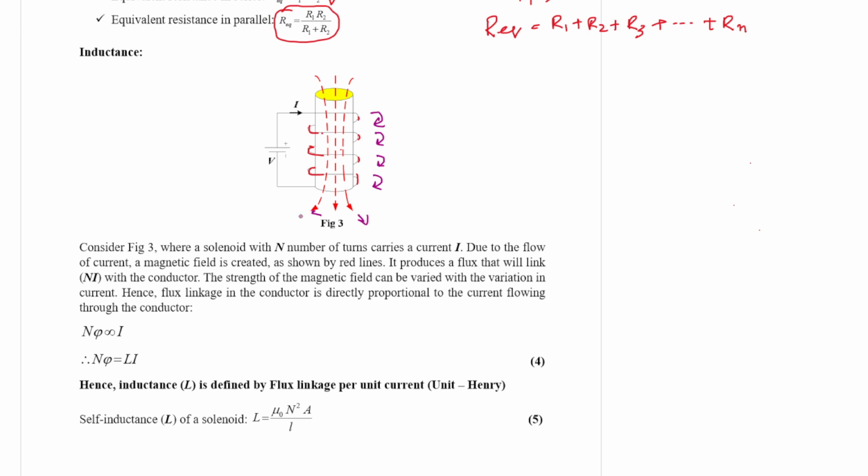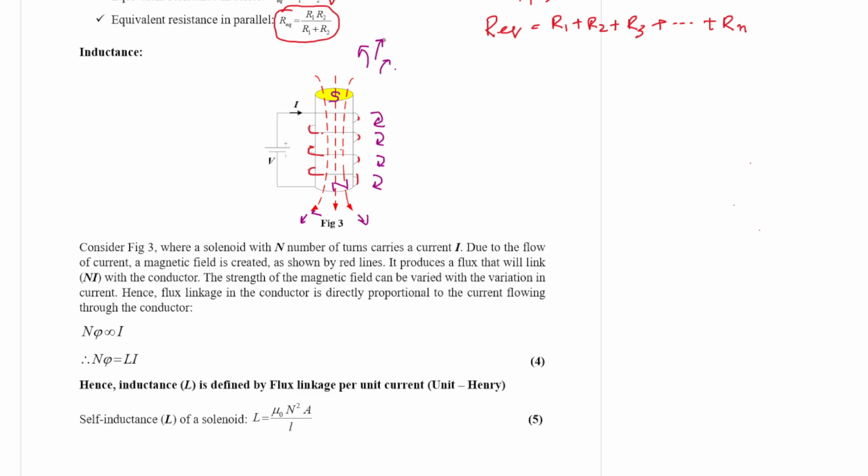So you can say that this is effectively the north pole of the electromagnet, and this becomes the south pole. Now if you change your current direction, then the direction becomes anti-clockwise, and the magnetic field direction will be in this way.